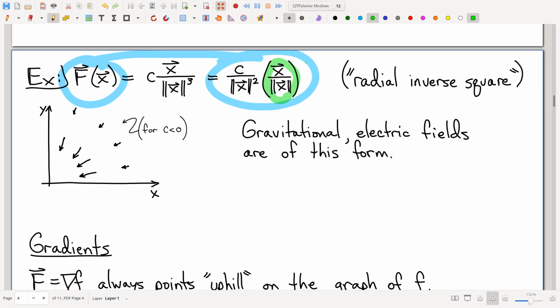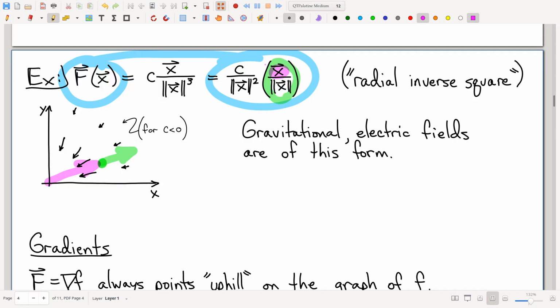More importantly, that is a unit vector which, wherever you might happen to be, is pointing exactly away from the origin. Because I've taken the position vector x and just scaled it by dividing it by its own magnitude.